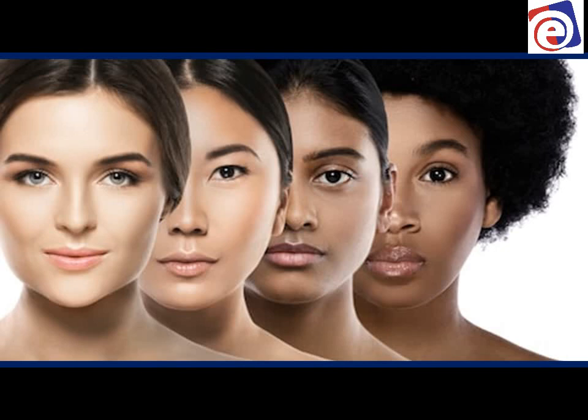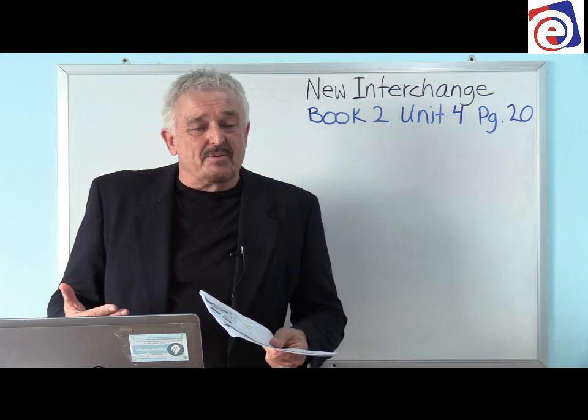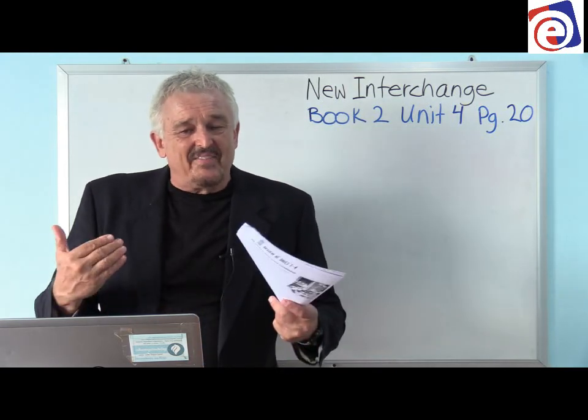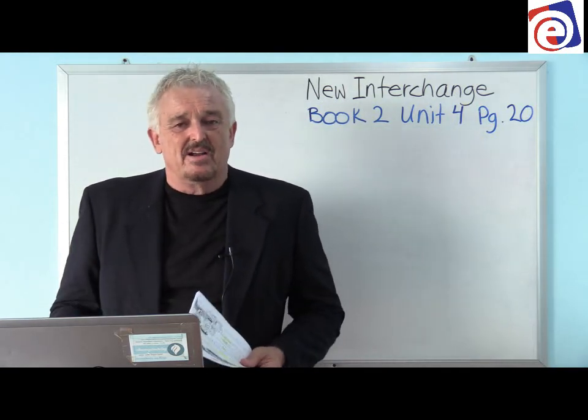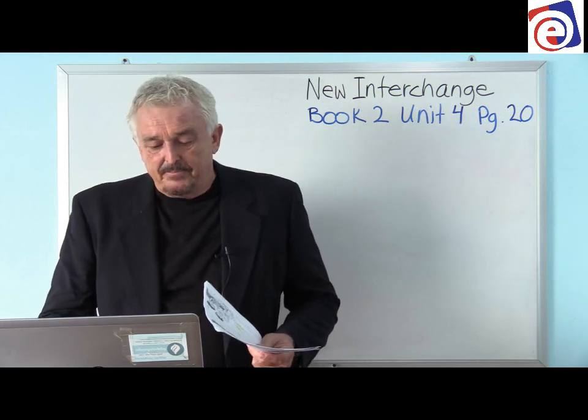There are 4 pictures of 4 girls, but really there are 3 races, though sometimes people add one more: the people who live on the islands of the South Pacific. The point is people are different. We're different on the outside and different in our culture.